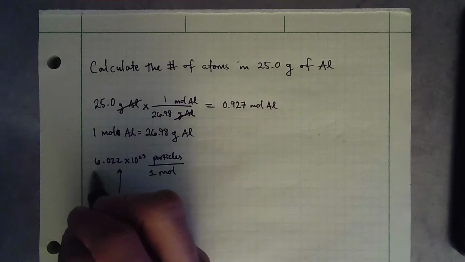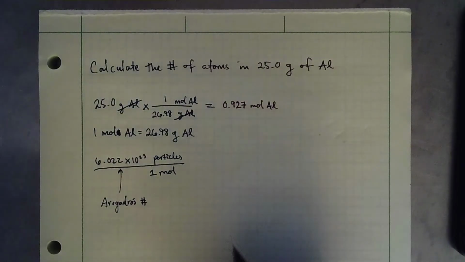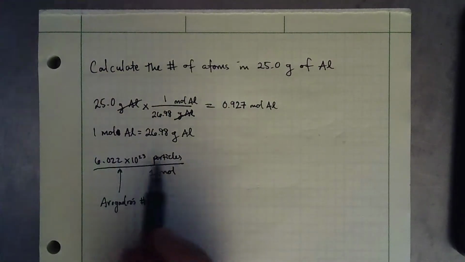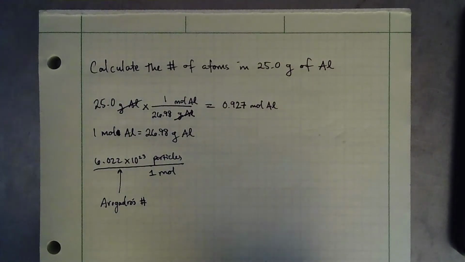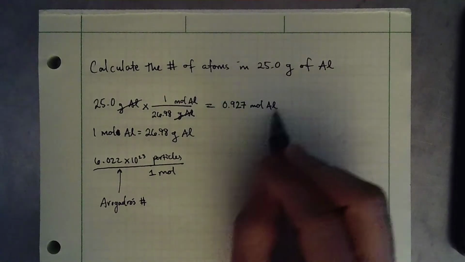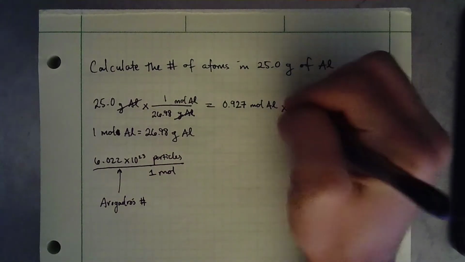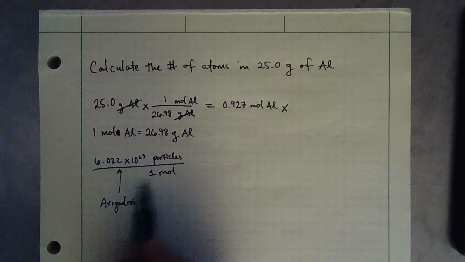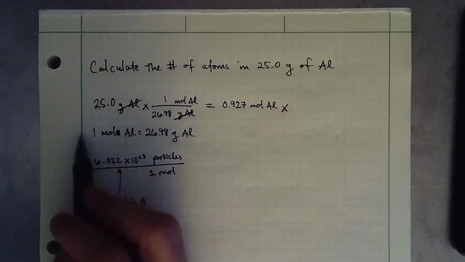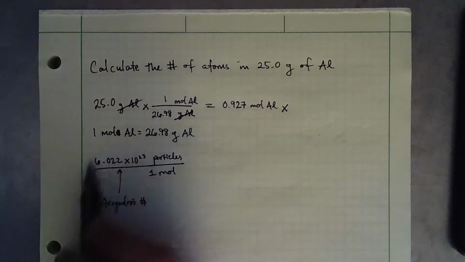So really, you could write this as one big fraction: 6.022 times 10 to the 23rd particles per 1 mole. You might see where I'm going here. I'm going to take this number and multiply it. This is another conversion factor. Just like the molar mass was a conversion factor, so is this.